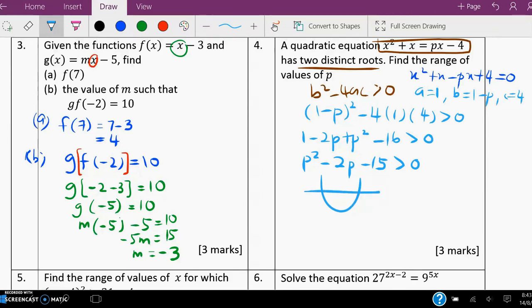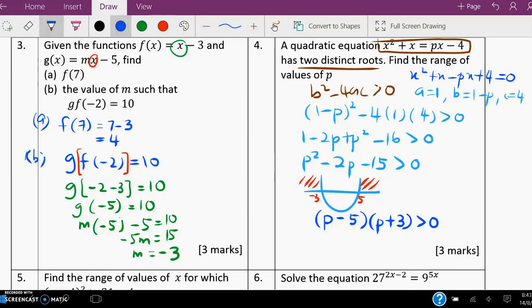by trying to find (b minus 5)(b plus 3) greater than 0. b minus 5 and b plus 3 equal to 0 means that this value here on the diagram should be negative 3, and 5, and greater than means that this is the area that we have to identify.